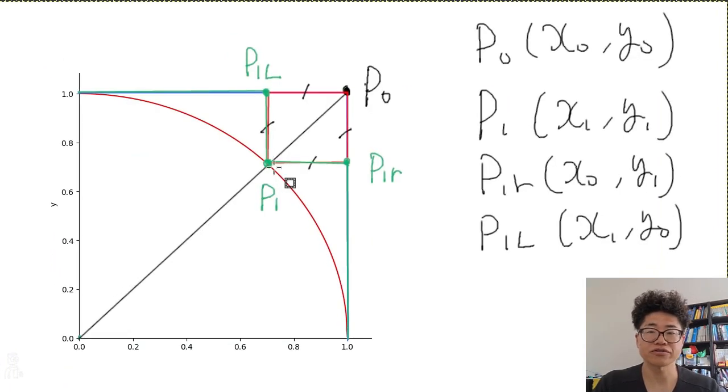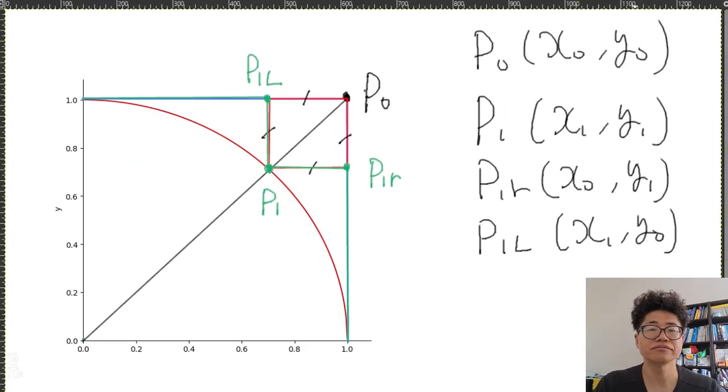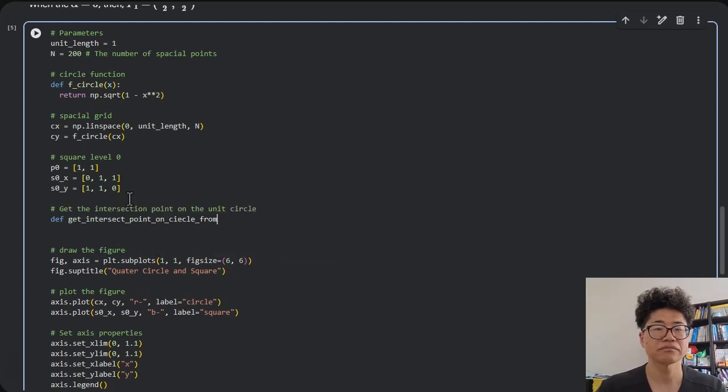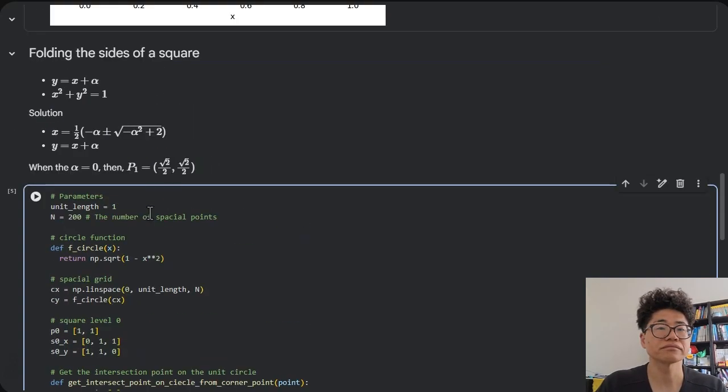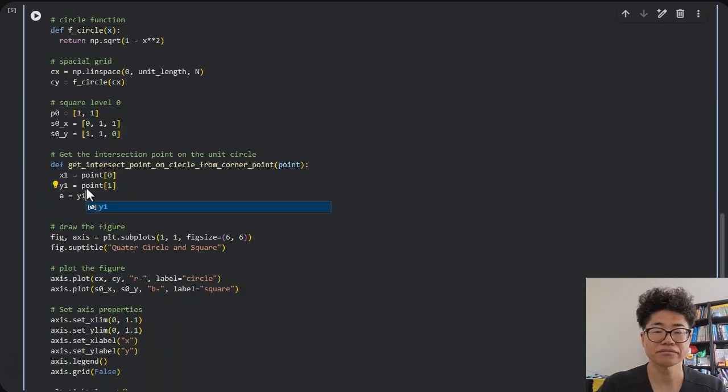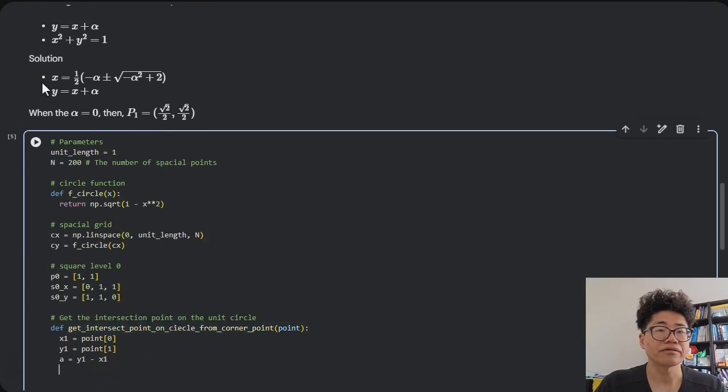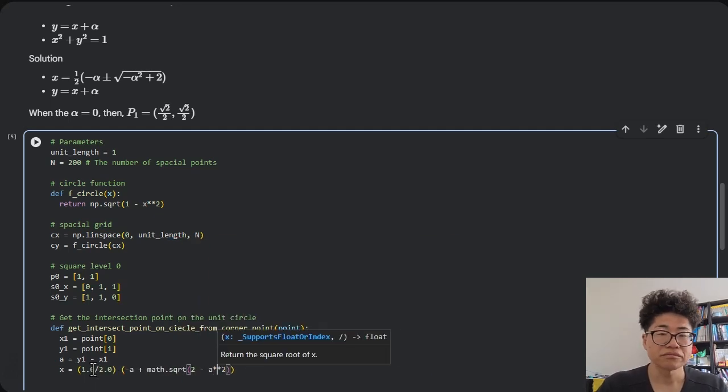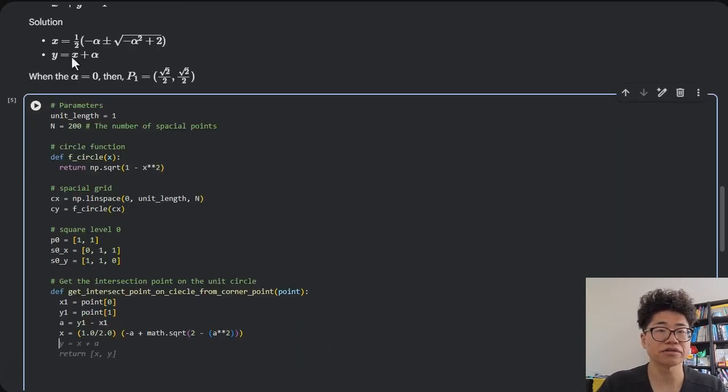I want to have an intersection point, P1. Alpha is y minus x, and x is this, and y is equal to x plus alpha. Oh, that is there.